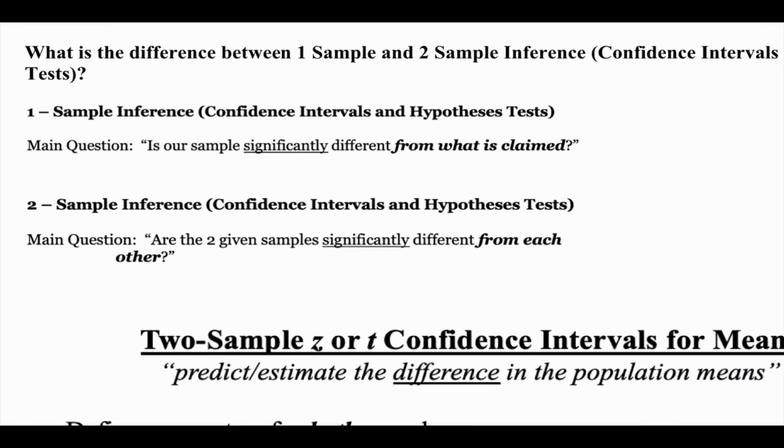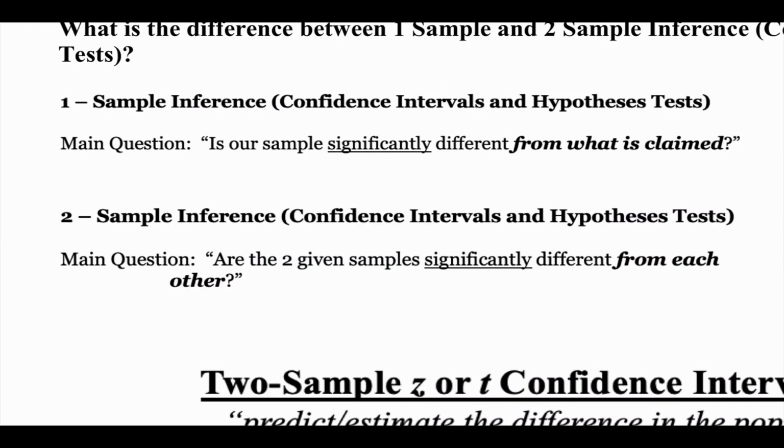So remember, when do we use two sample? When the question is, are the two samples significantly different from each other? The samples come from two separate populations, right? If there's a significant difference, that's what the test will tell us, or a confidence interval will tell us, right?